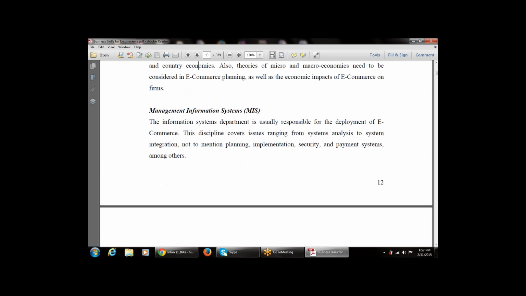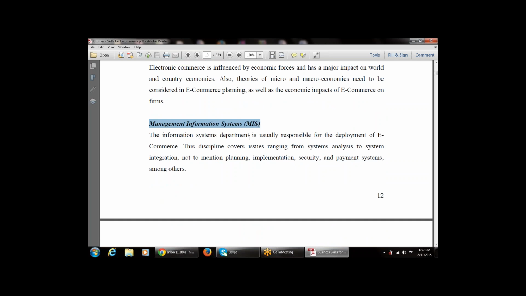Then the next one is MIS. E-commerce also helps in the MIS, that is the management information system. This says the information systems department is usually responsible for the development of e-commerce.